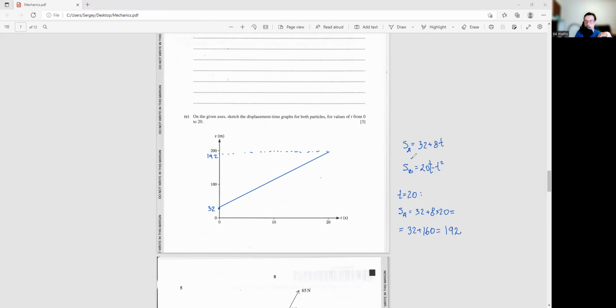Now, for the particle B, it's going to be quadratics. Now we can see that when t equals 0, displacement equals 0. Now we also know from the previous question that both particles have the same displacement when t equals 4 and when t equals 8.